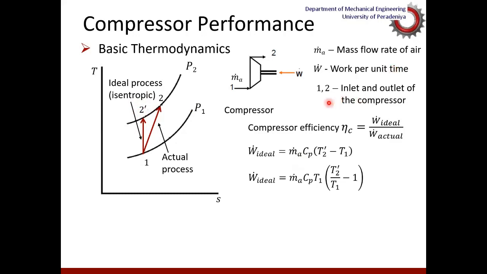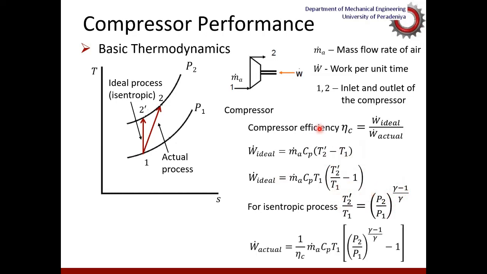So if I take T1 out, then what I would get is m_a dot Cp T1 into (T2 prime divided by T1 minus 1). And since this is an isentropic process, we are talking about the ideal process, we can relate the temperature ratio to the pressure ratio using the isentropic exponent like this. So we can replace this temperature ratio using the pressure ratio.